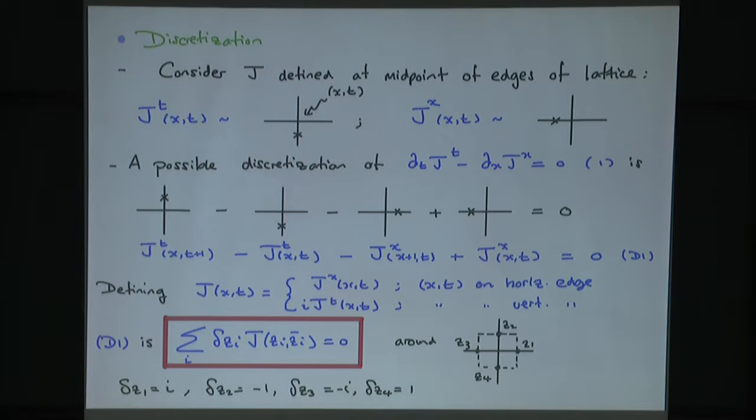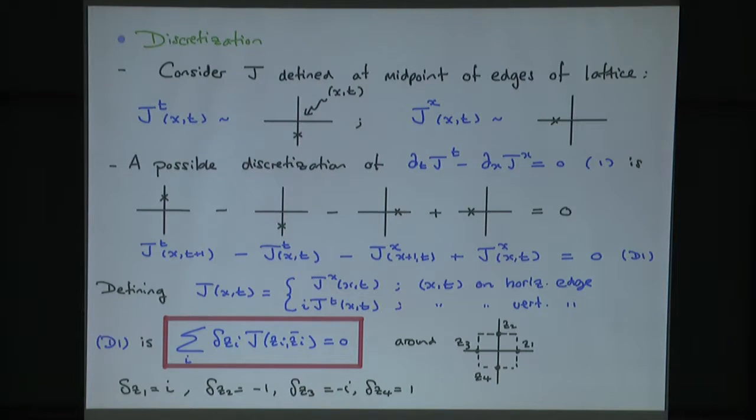So if I do that, then this relation just has a really simple form as a discrete integral around an associated plaquette on this lattice. Where these dz_i are just the little complex number increments as I go around anti-clockwise. So dz1 is i, this is -1, etc. Okay? And this is just the rewriting of this relation.